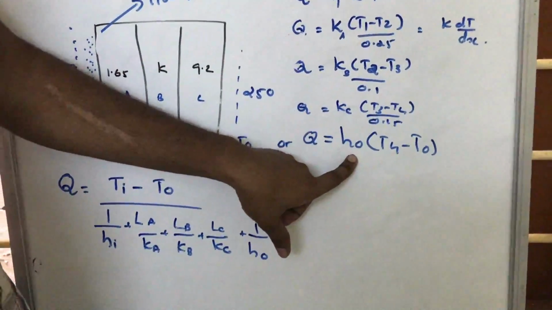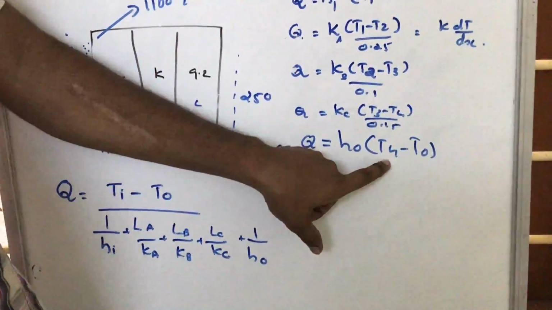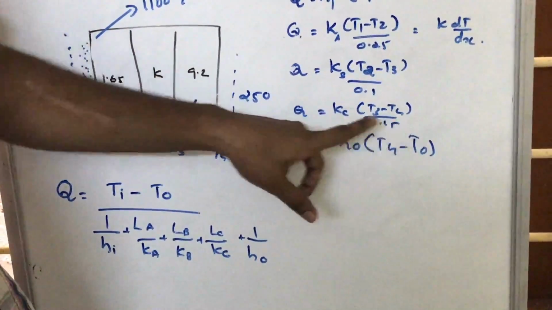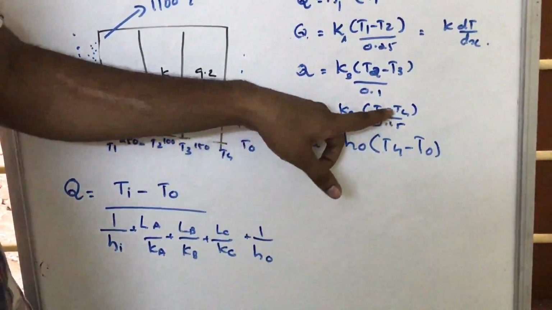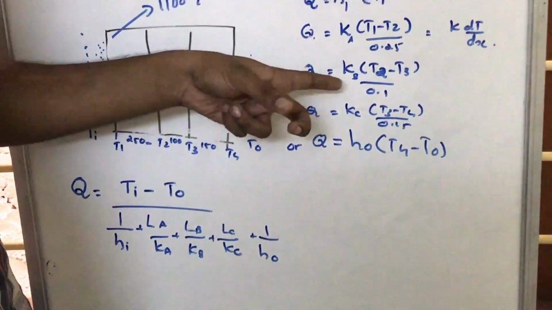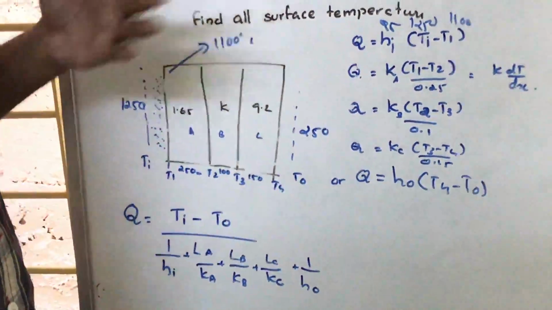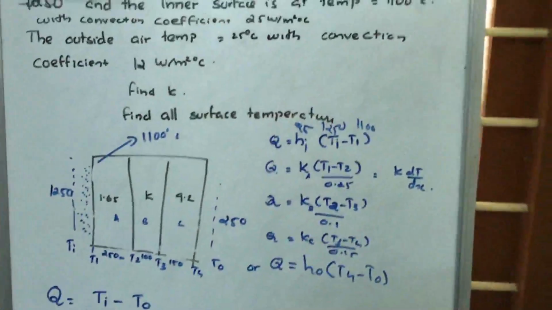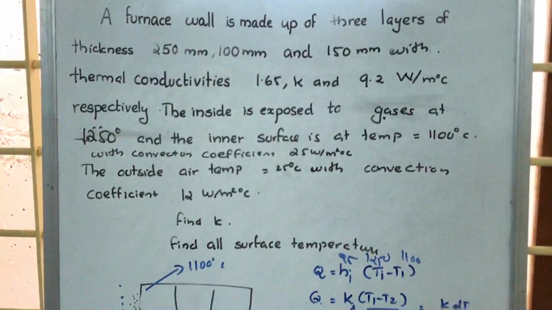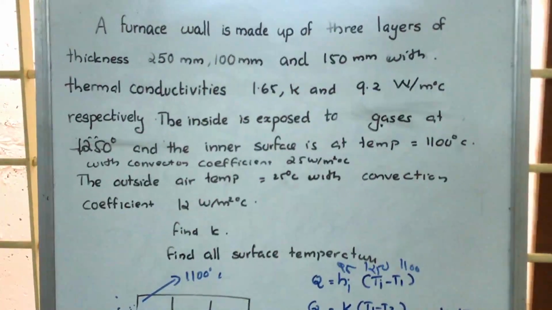Then Ho is known, T outside is known, so we can find T4. That T4 can be substituted here, Q we already know. So again T3 can be found, then T3 is substituted here for T2, like that we can find the wall temperatures. This is how we make use of these composite wall techniques to find temperatures and all.